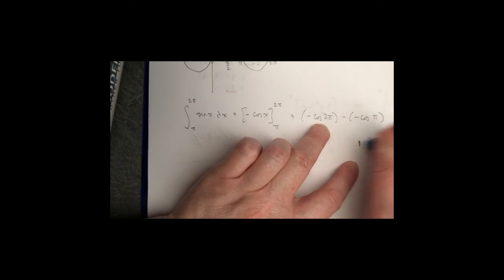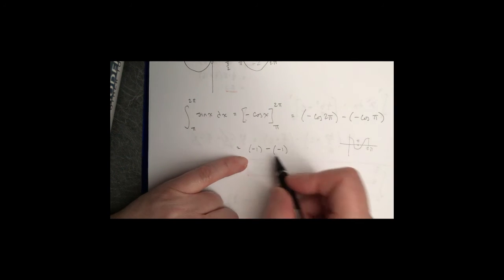This little sketch I did here is another way I remember the values. I know that cosine starts high and ends high, and that's a full 2 pi cycle. So halfway in between is pi. So the cosine of 2 pi is +1. The cosine of pi is -1. That's a nice cheat. Or use your calculator, it doesn't matter.